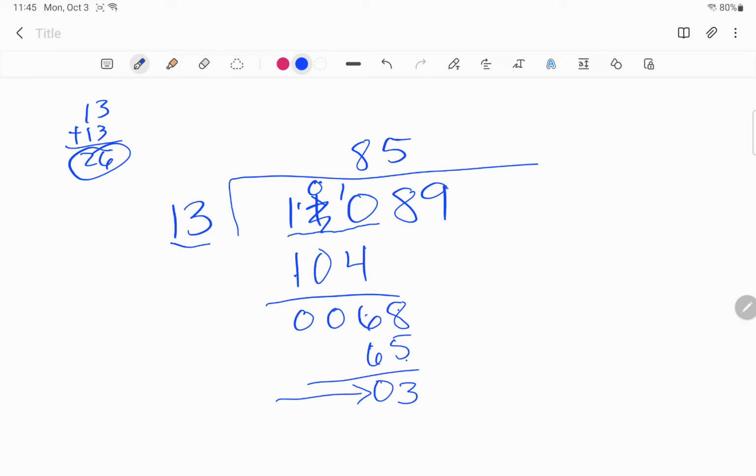We can stop there. And then we got to bring down this 9. 13 into 39. I happen to know that 13 times 3 is 39. So our remainder will be 0, which means our answer for number 1 is 853.